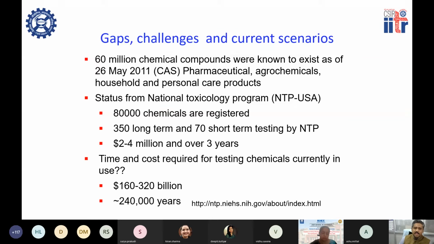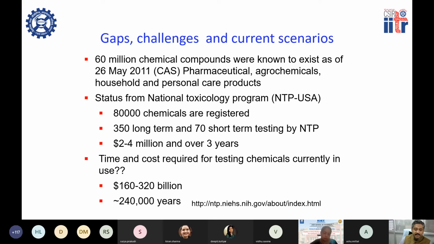There are more than 60 million chemical compounds that exist. But in 2011, and every month or every year, more than 4,000 new chemical compounds are being added into the repository. But very limited data sets are available on long-term and short-term toxicity in the National Toxicology Program portal. That also requires a huge amount of money as well as time.